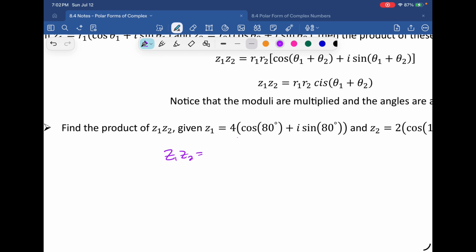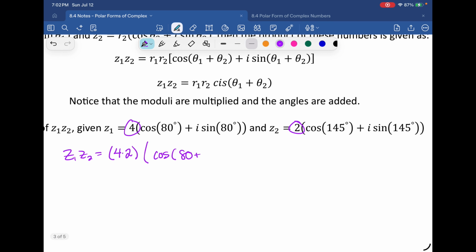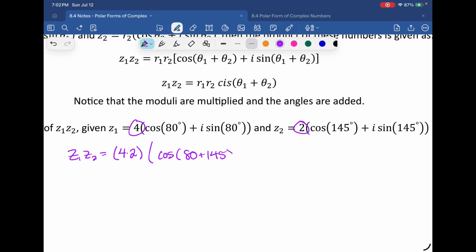I'm going to multiply the two radius together. So that's 4 and 2. And I've got cosine. I'm going to add the two angles together. 80 plus 145.